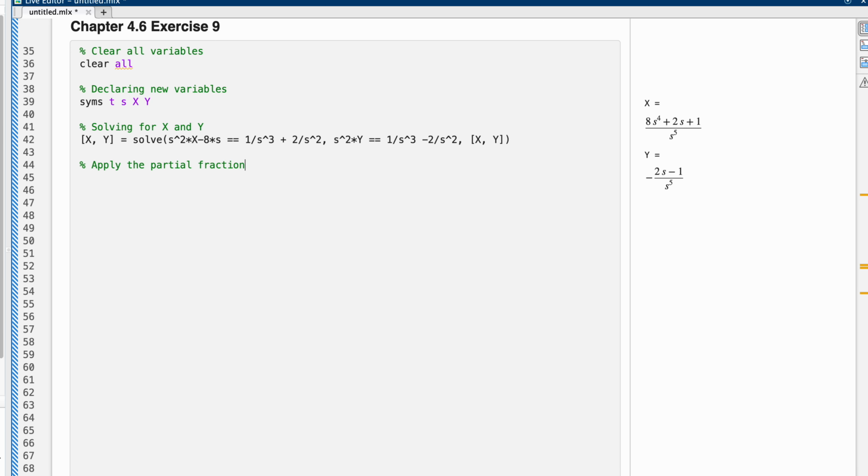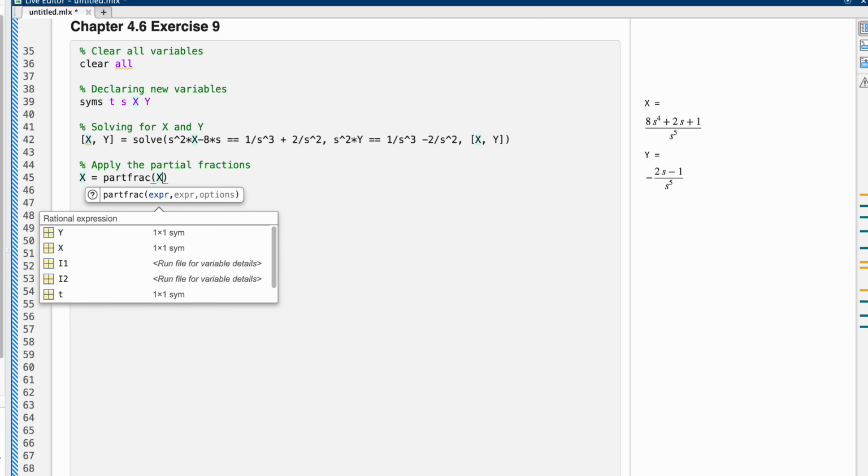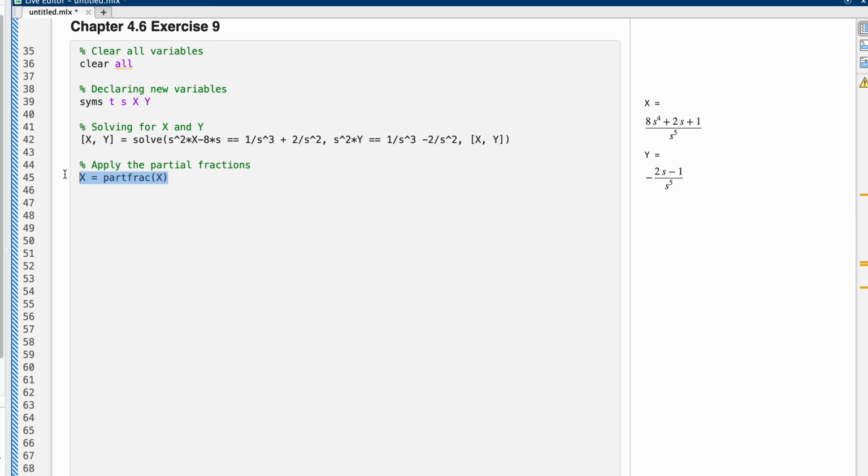In this one you really don't need to, but if you had an expression that's worse than this, you would use the partfrac command, put your X and rename your big X, and same for Y. Then you'd apply the inverse Laplace to the partial fraction version, and hopefully you can pick out the single transformations that Matlab did and write them on your paper.